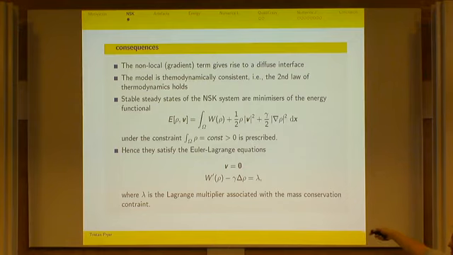Because of this, we satisfy some Euler-Lagrange equations. I want you to pay particular attention to this one: the velocity is 0 in the steady state. This is a reasonable thing to have in any fluid simulation. And lambda here is a Lagrange multiplier.